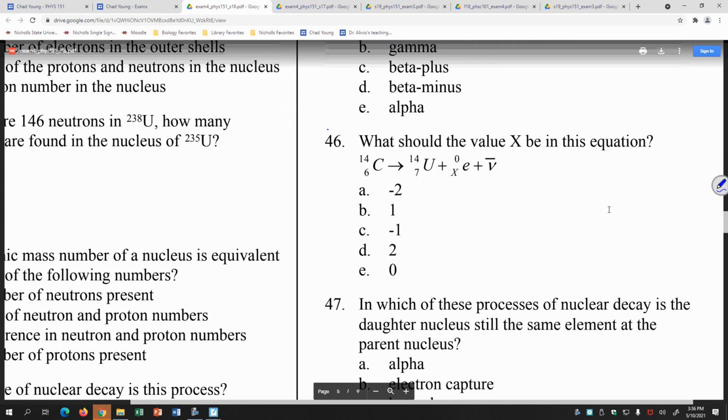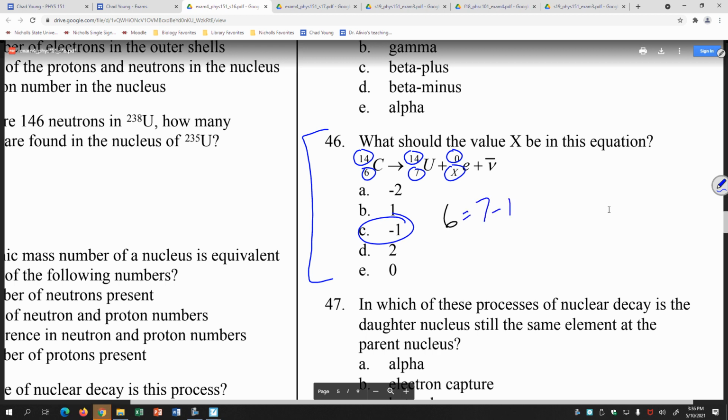You'll also have one like this, where you have to apply those conservation rules, where here I know I have 14 plus 0, so that matches. And here 6 is equal to 7. This has to be minus 1, because 6 is equal to 7 minus 1.